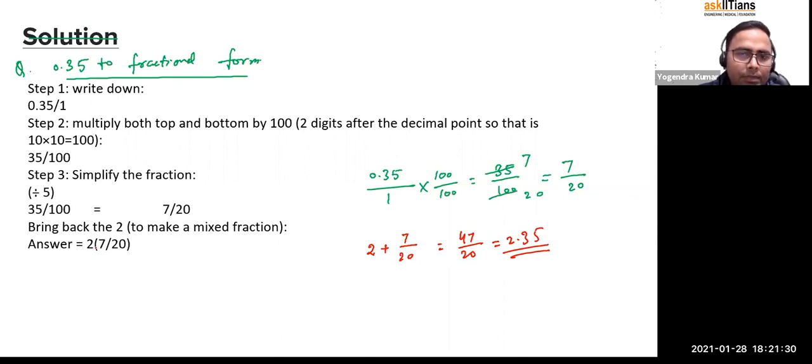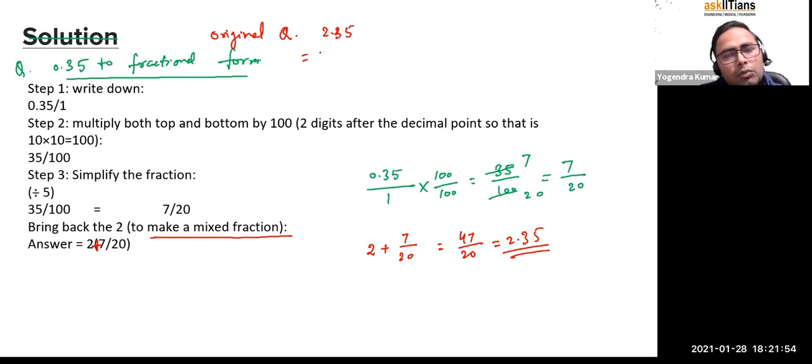So it is not like that. It has to be plus here. That's what they wanted to do, but it does not bring back the 2 to the mixed fraction. So you know that the original question was, I hope the doubt is clear. The original question was 2.35.